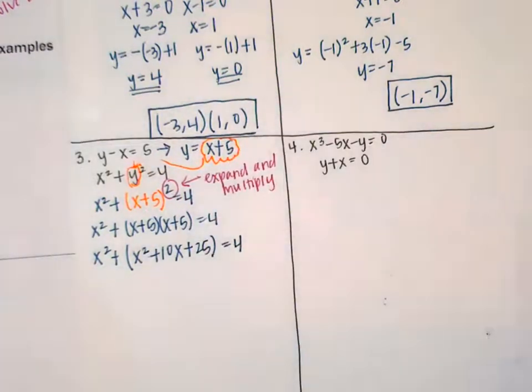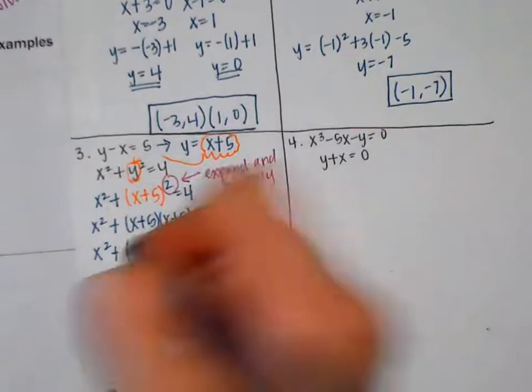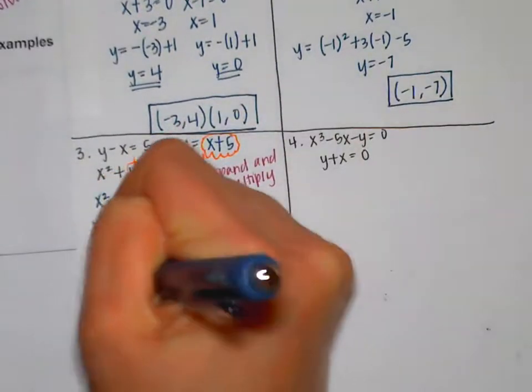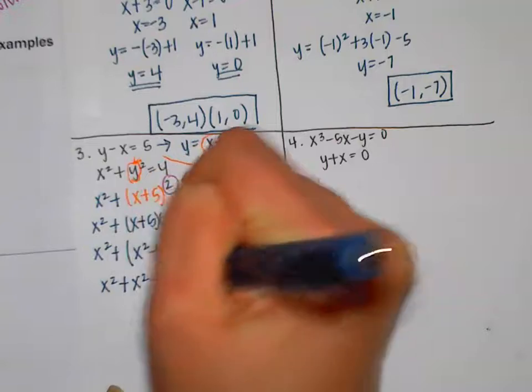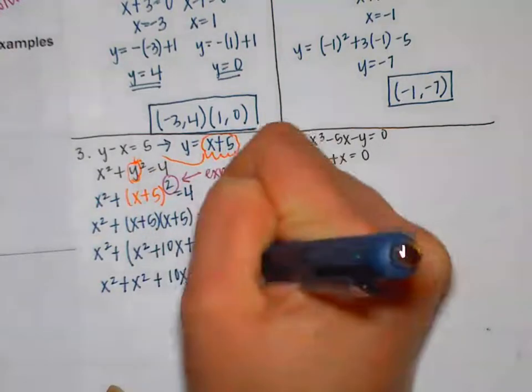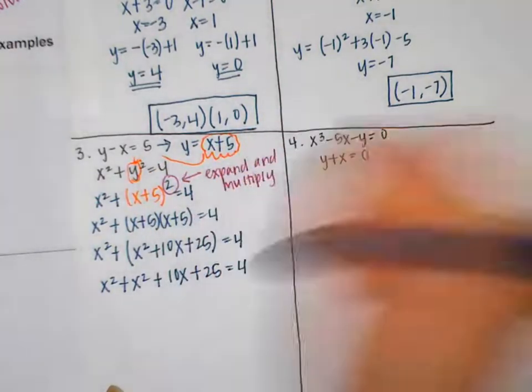Now, I don't really need the parentheses there because it's adding. But if there was a 2 in front or a 3 in front, you'd want to multiply it out first and then you can distribute. But because it's just really plus 1, we're not going to do anything. So it's just x squared plus 10x plus 25 equals 4.